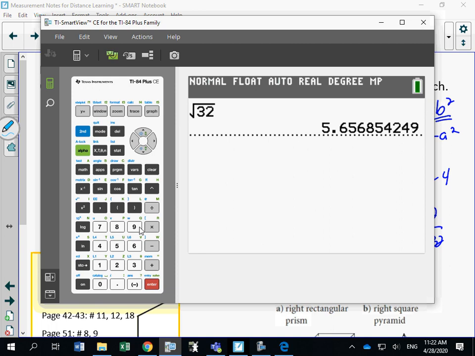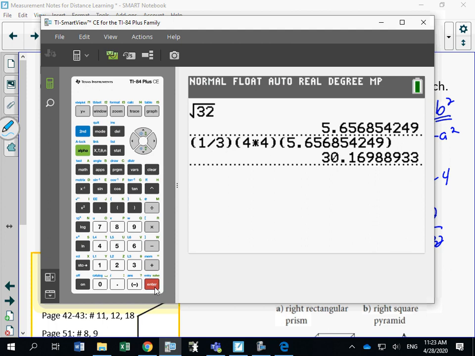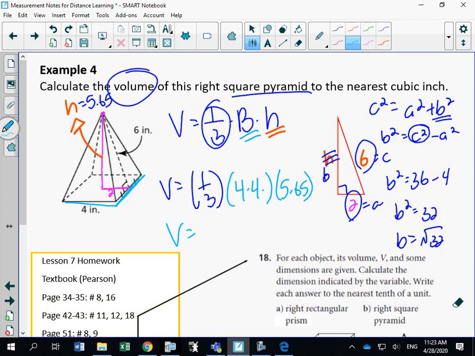Open bracket 1 divided by 3, close bracket, times 4 times 4, or you could enter 16, and I'm going to times that by this. The volume of this is going to be, to the nearest cubic inch, 30 inches cubed. So remember, volume is always whatever the units are, and then we cube them.